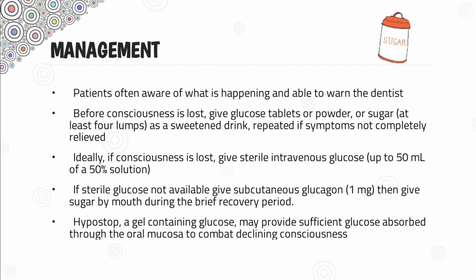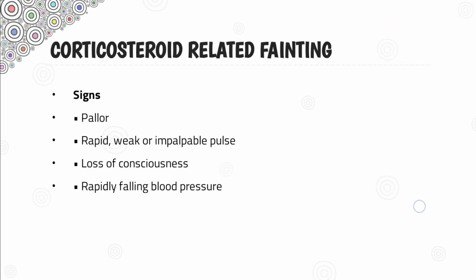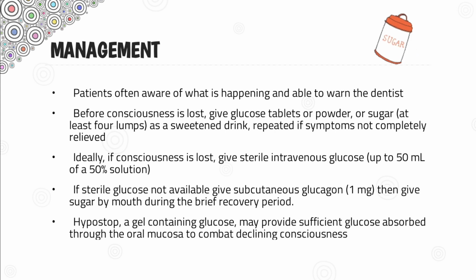So, before the consciousness is completely lost, give glucose tablet or powder or sugar, at least 4 lumps, as a sweetened drink, and repeat it if symptoms are not completely relieved. Ideally, if consciousness is lost, then you can give IV glucose, up to 50 ml of a 50% solution, and if sterile glucose is not available, you can give subcutaneous glucagon 1 milligram, and then give sugar by mouth.